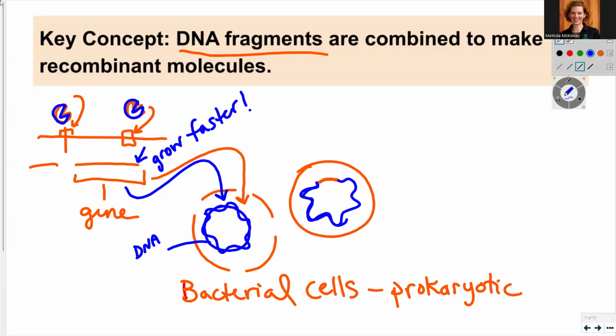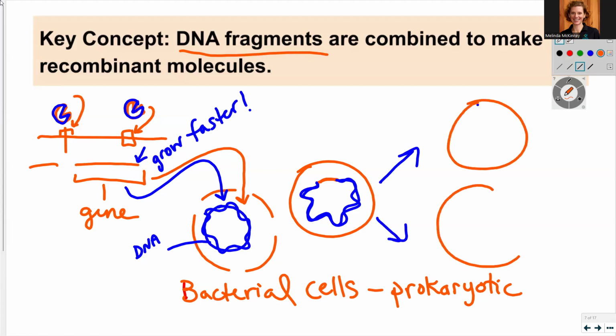Okay. So when that happens, then if the bacteria divides, it will, for each of the daughter cells, copy that recombined chromosome.